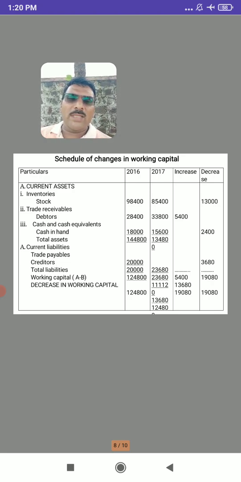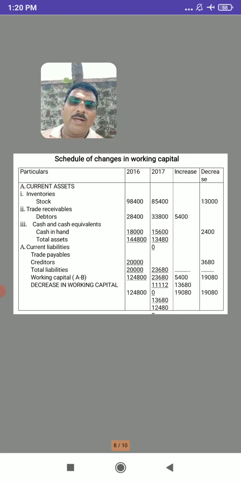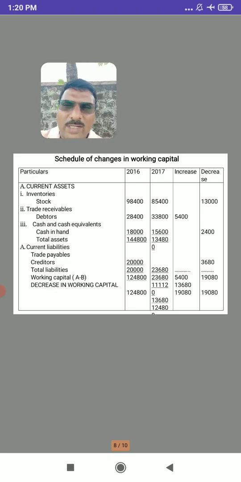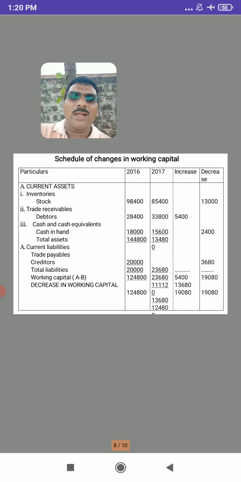The stock value is given. In 2016 it is 98,400 and 2017 85,400, which means the stock value decreased in the current year. So there is a decrease of 13,000. That decrease is to be recorded in the decrease column. Like this, for all assets and liabilities we have to find out whether there is an increase or decrease.